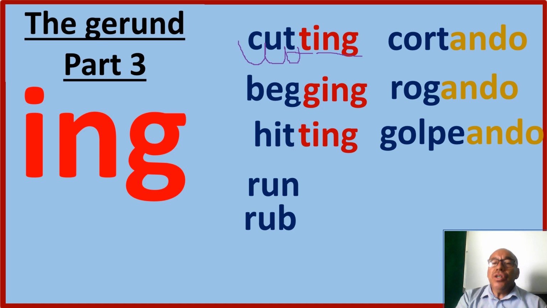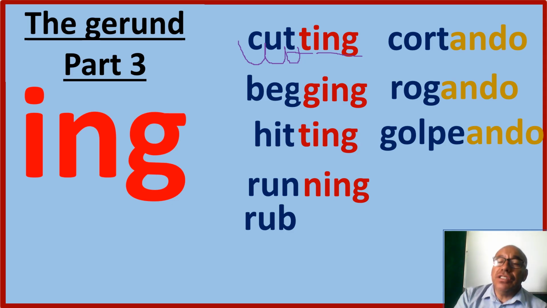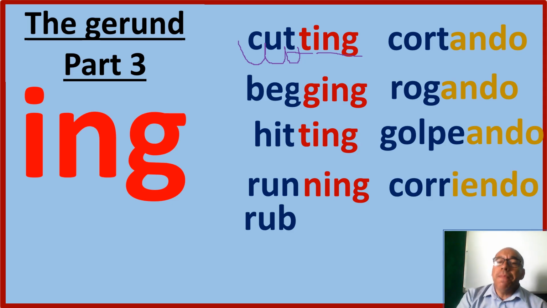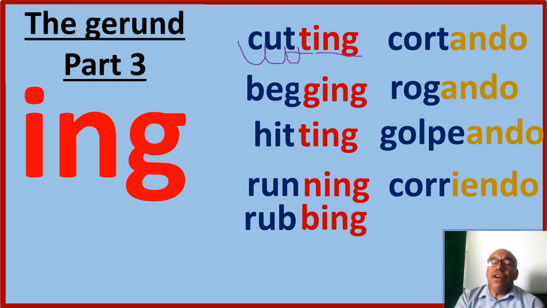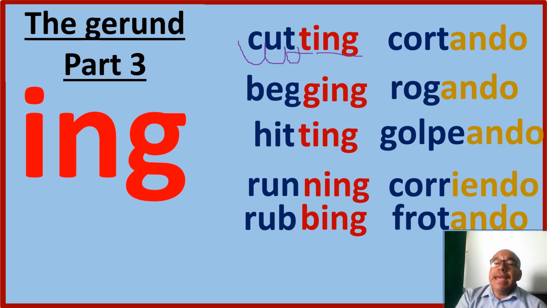Run is also a consonant, a vowel, and a consonant, so we double the last consonant and write running, to say corriendo in Spanish. Then we have rub, and rubbing is frotando.